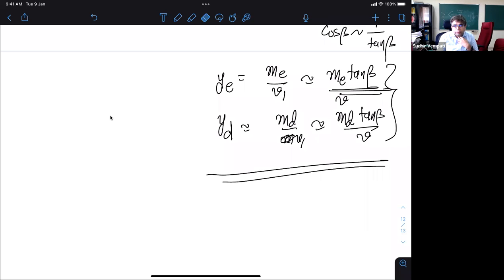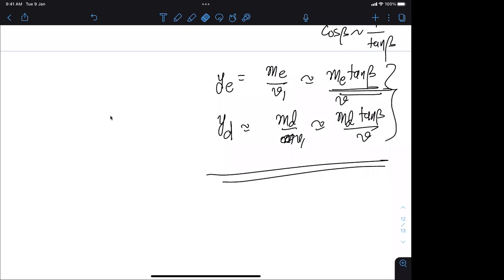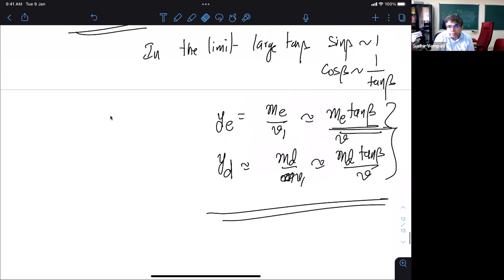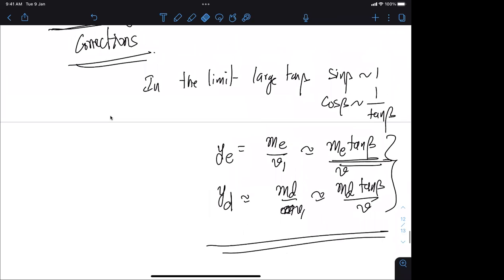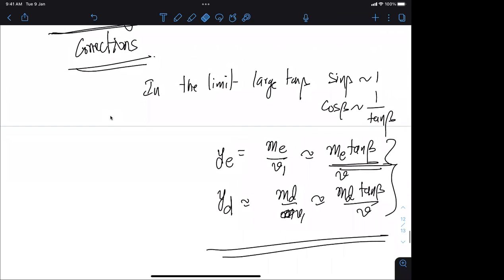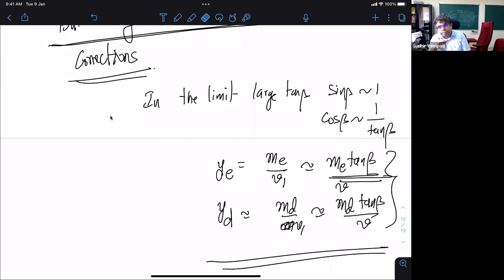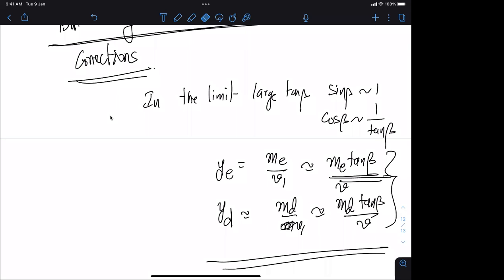So with increasing tan beta, the top Yukawa will not increase because sin beta becomes 1. Up type will decrease very little. It becomes stagnant, it becomes constant. It won't change significantly. Down type will keep on increasing.